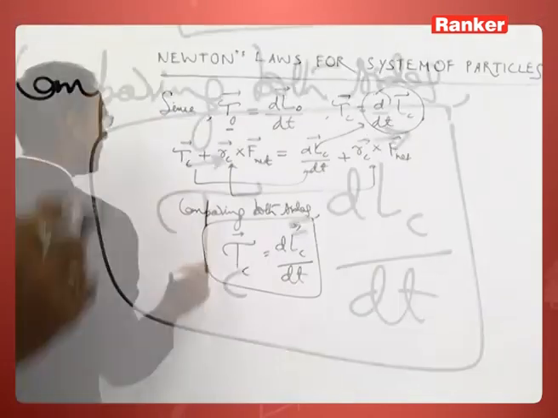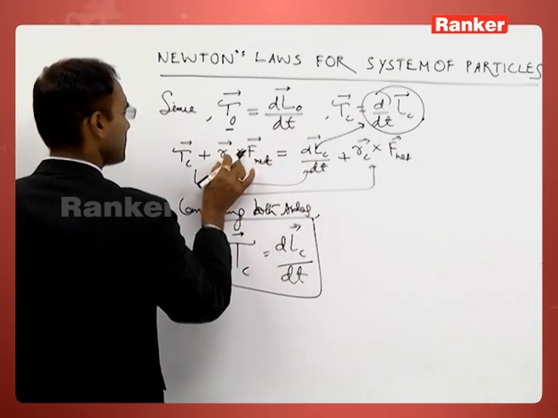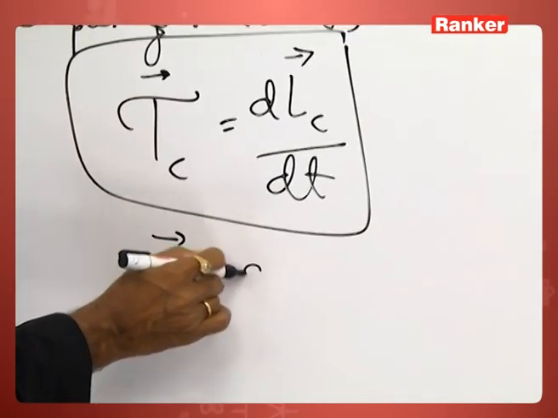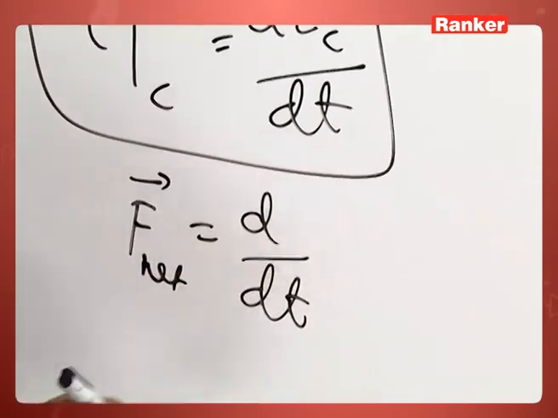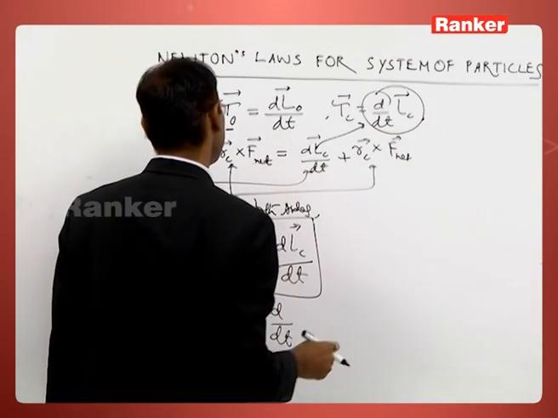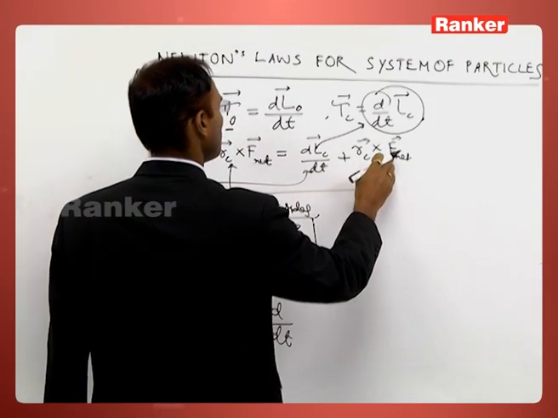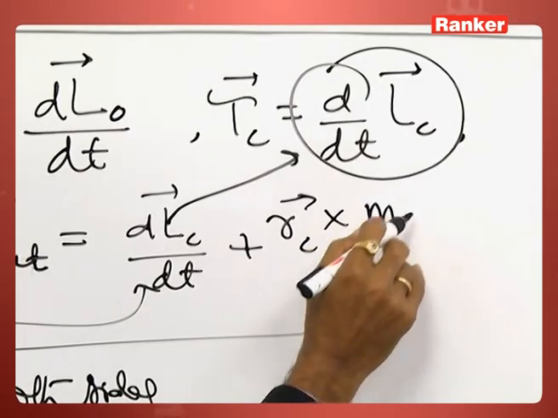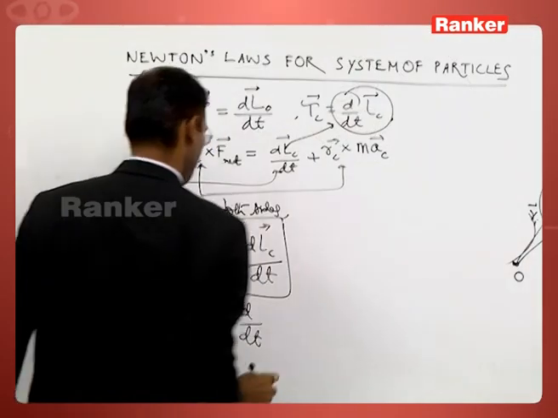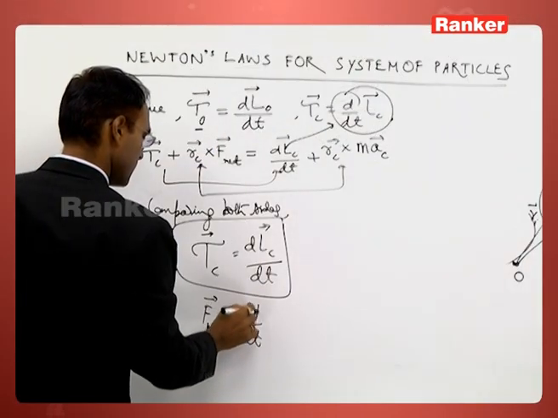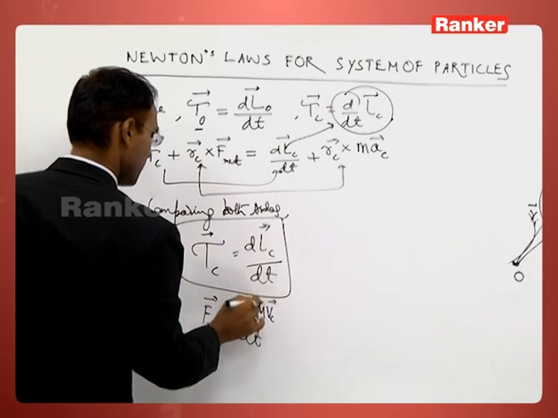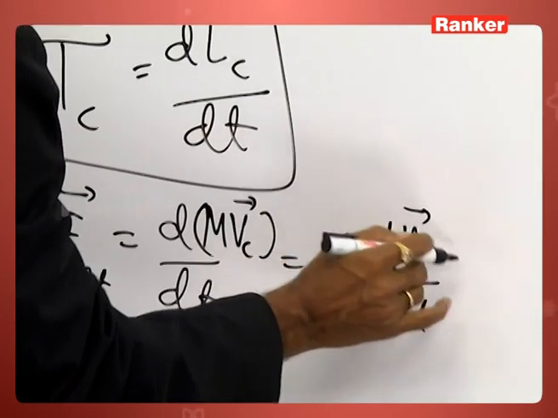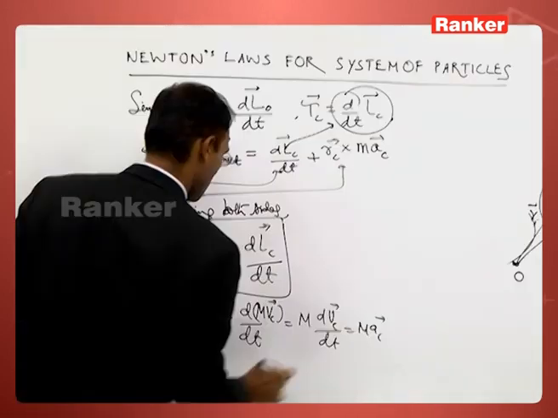This is one equation, and comparing these two, RC will be common, and we get the net force acting on the system is equal to the rate of change of the linear momentum of the system. F net is nothing but d by dt of mvc, which is equal to m dvc by dt. That's equal to m into AC.